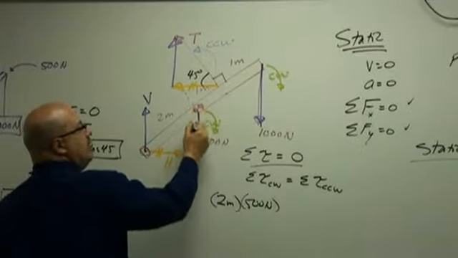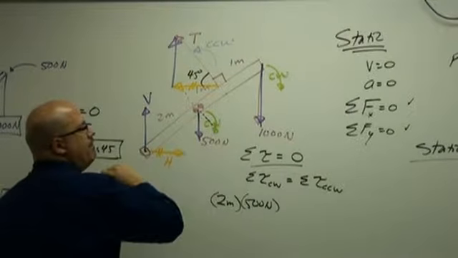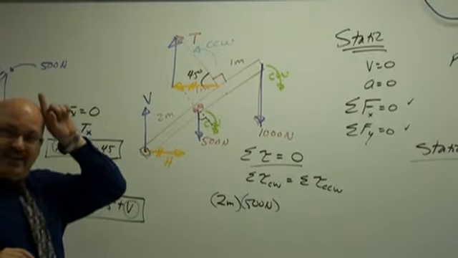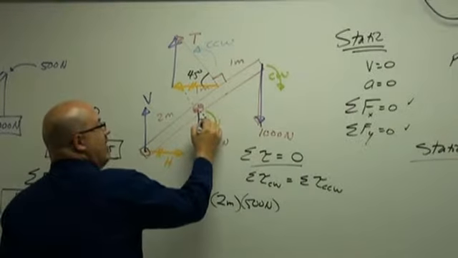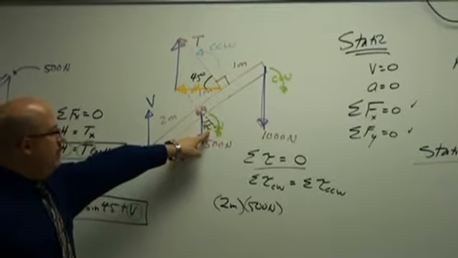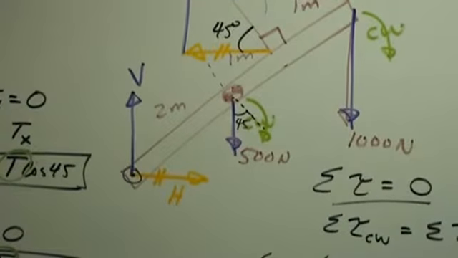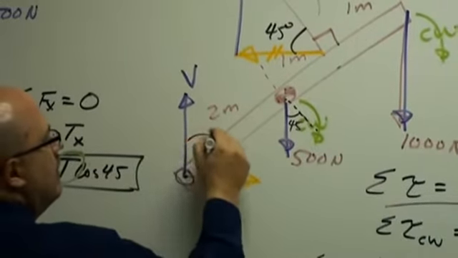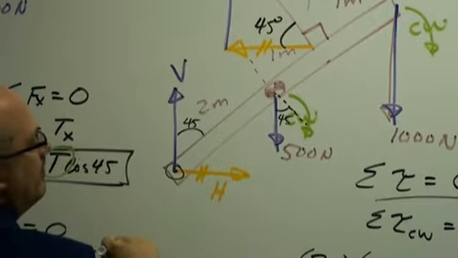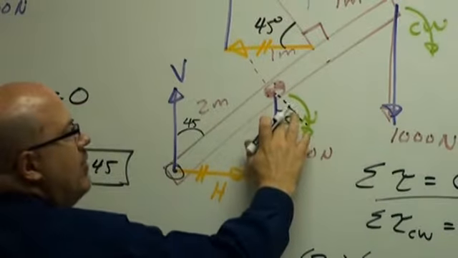So the perpendicular part would be this part, right? And for us, that angle right there will be 45, right? Can you see that? Why? Because this angle is 45. And you know what? Here, let's do it the easy way.